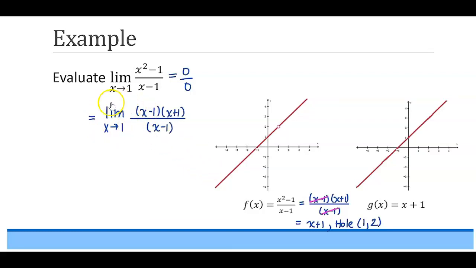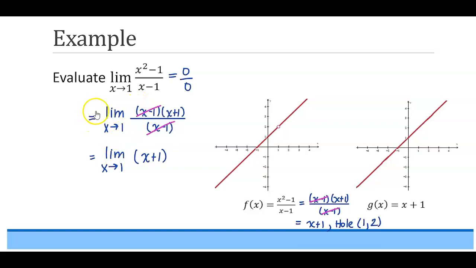And we have to keep writing limit in front because we haven't evaluated anything yet. And then we're going to cancel out that linear x minus 1 in the numerator and denominator. So what we have is the limit as x approaches 1, so I'm going to write it again, of the quantity now x plus 1.